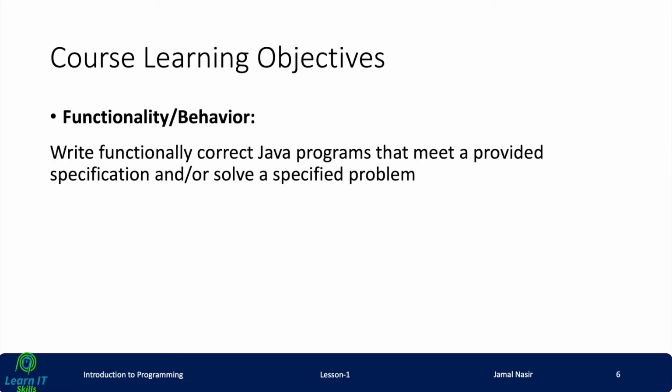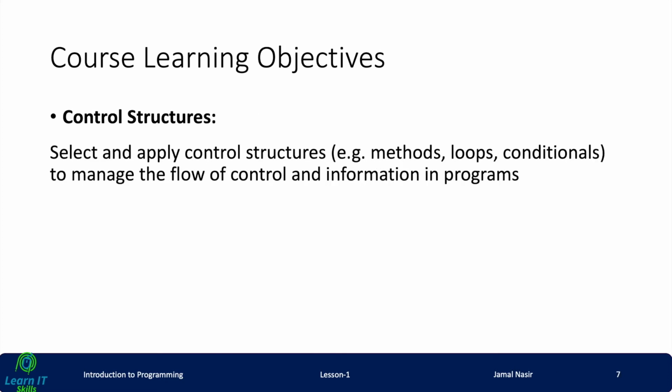In functionality, we have to write functionally correct Java programs that meet a provided specification or solve a specified problem. Control structures: select and apply control structures like loops, methods, conditions to manage the flow of control and information in programs.